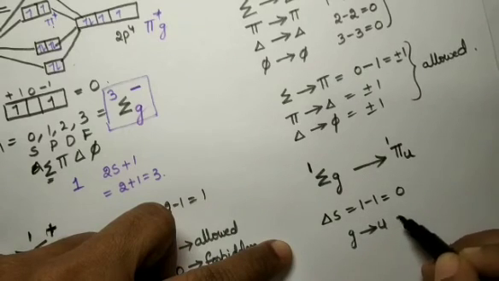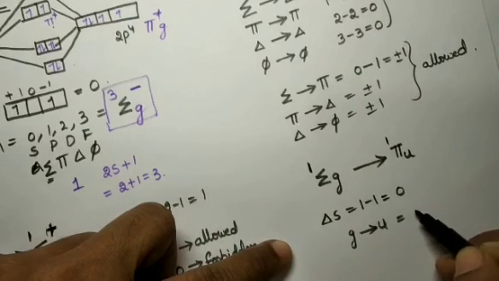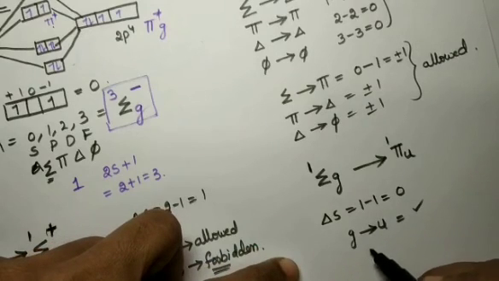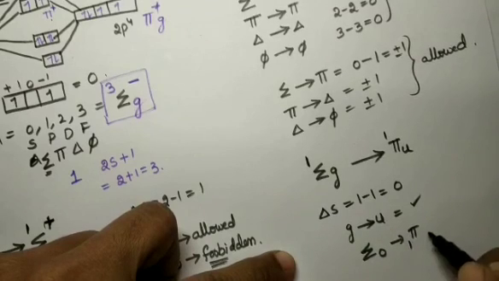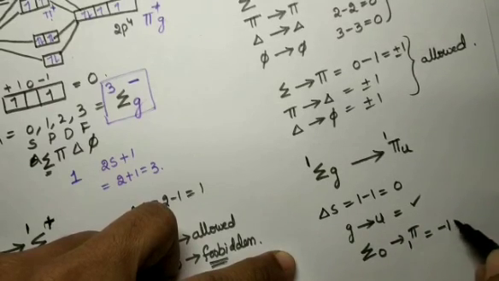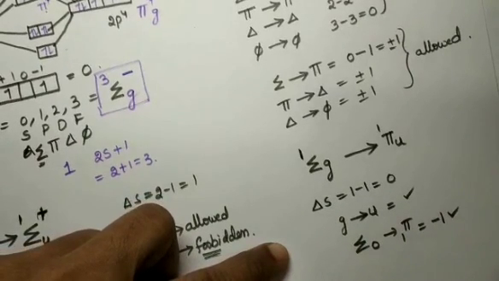Gerade to ungerade is also allowed. The sigma value will be 0, the pi value will be 1, so 0 minus 1 is minus 1. This is also an allowed transition. Thank you.